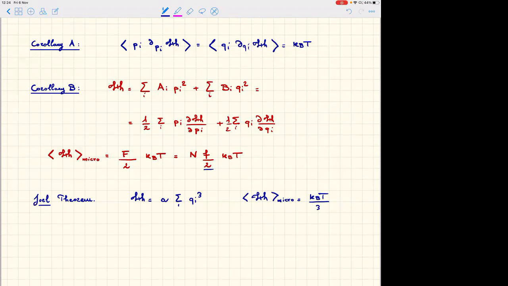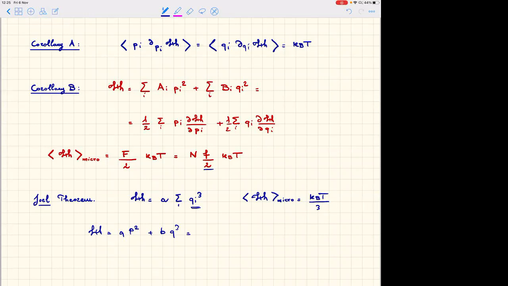Professor? Yes. What's the connection between Joel theorem and corollary B? Well, you cannot apply it. So Joel theorem is fine if you have just a potential term of this type. But you see that if your H is equal to A p squared plus B q cubed, then it doesn't work anymore, right?